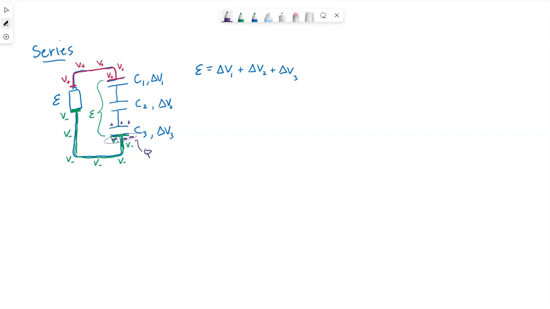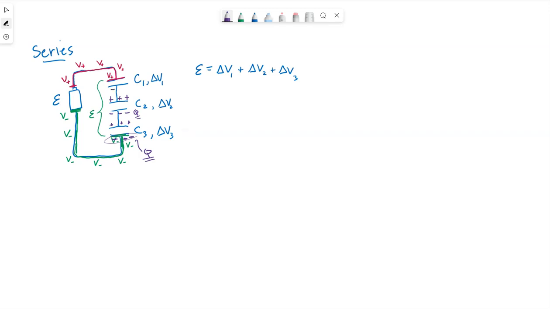Well, if the electrons were repelled, they moved through the wire, but they could not go any farther than the bottom plate of capacitor 2. That's as far as they could get. Well, that means this is the same Q here as down here. And in turn, this other plate of C2 will end up with a positive charge.